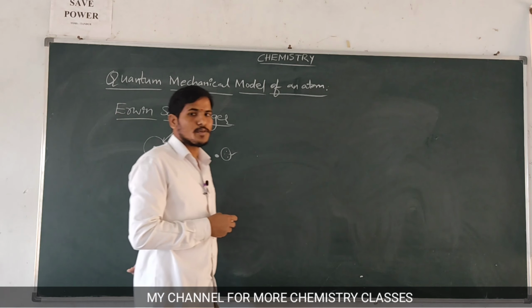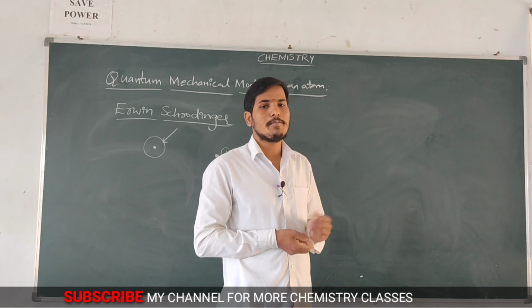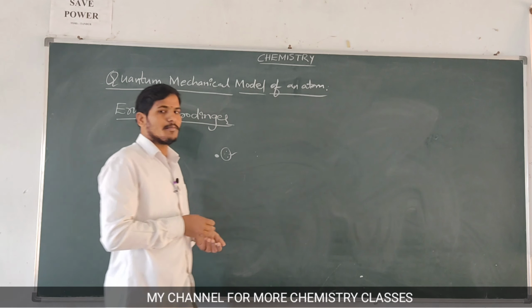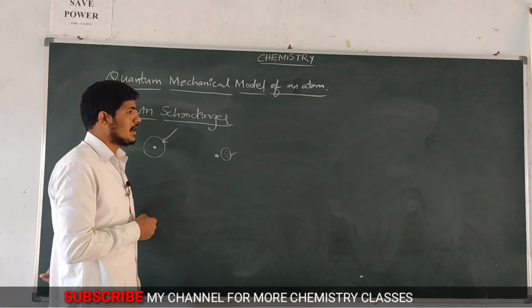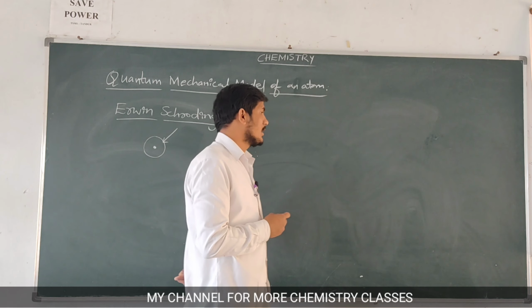According to Erwin Schrödinger, the region where the probability of finding electrons is maximum around the nucleus is called an orbital. Based on this concept he overcame the question of where the electrons are present around the nucleus.